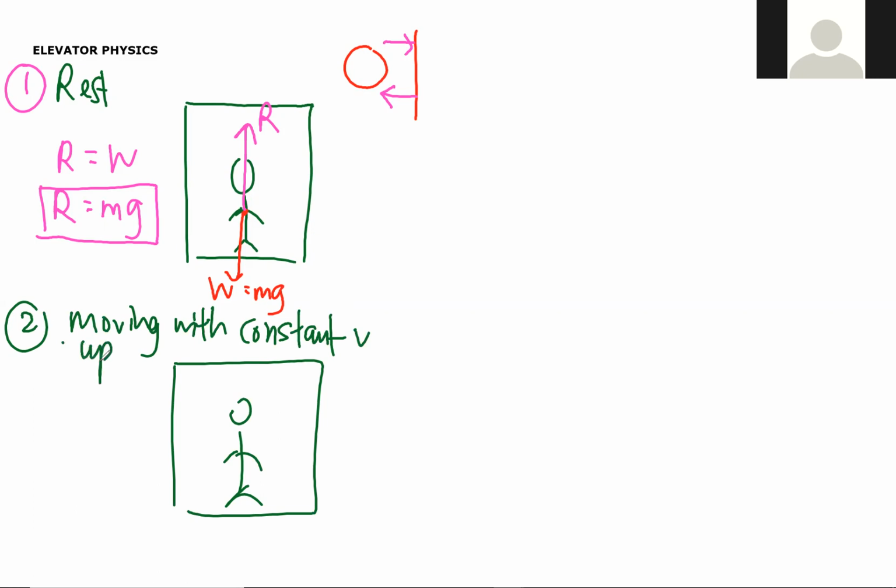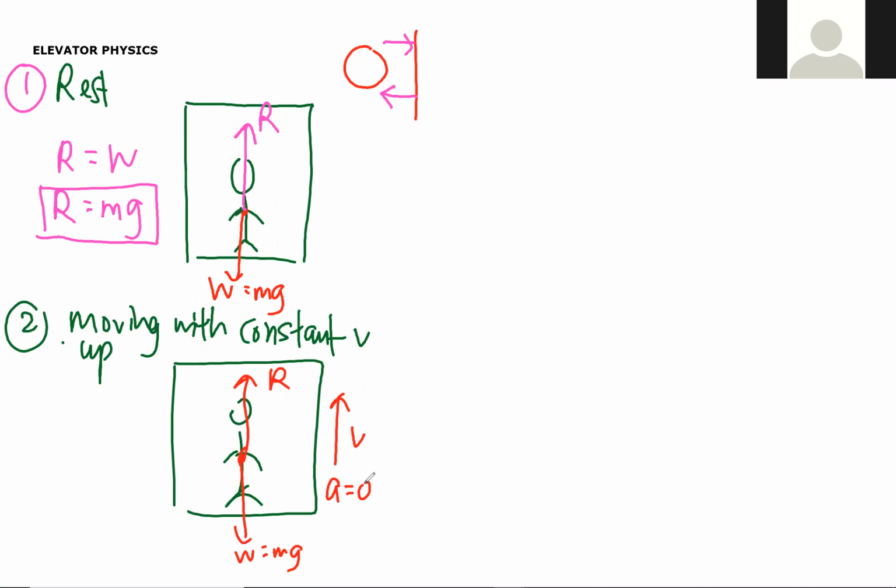Now label your force diagram, same, it doesn't change. W equals to mg and then R. But this one is moving upward with a constant velocity, meaning that for constant velocity, acceleration is zero, right? Constant velocity, acceleration is zero.